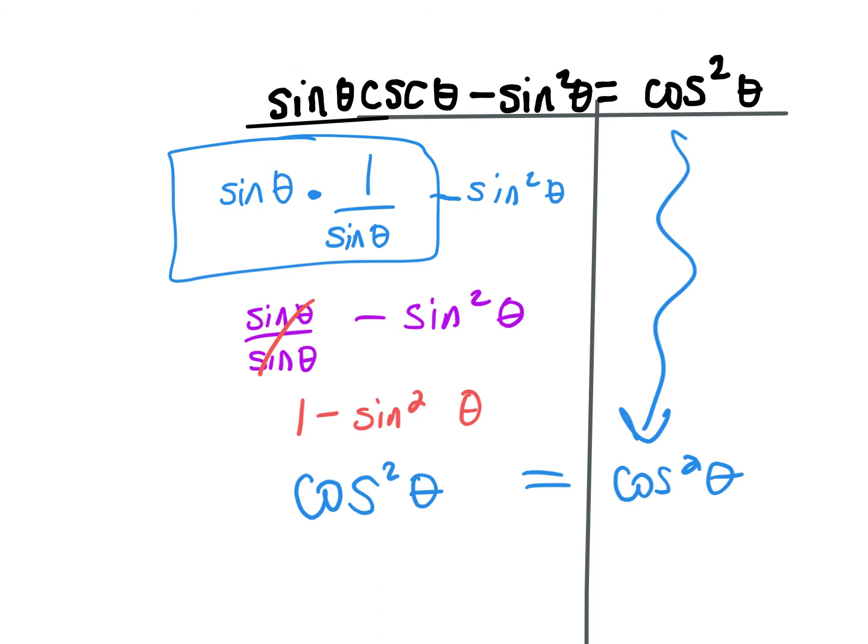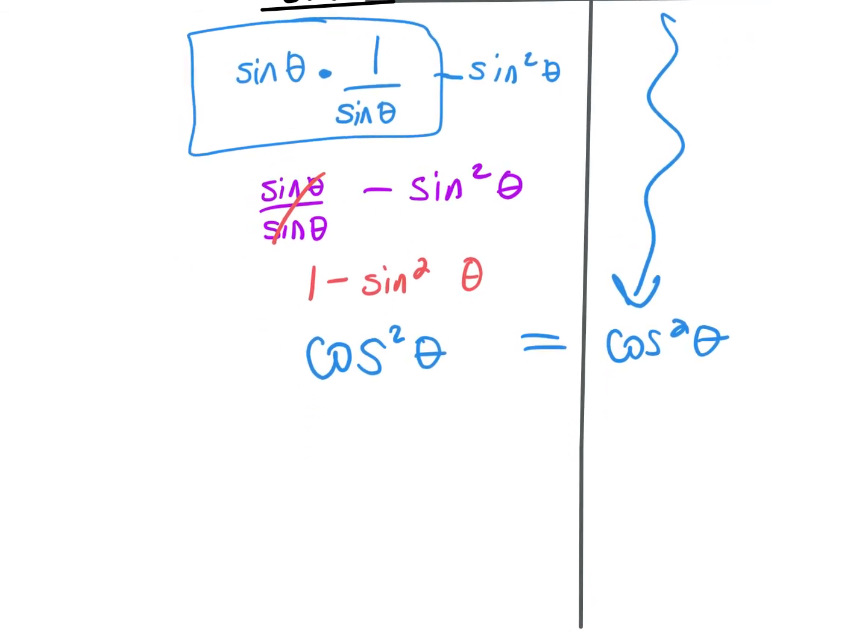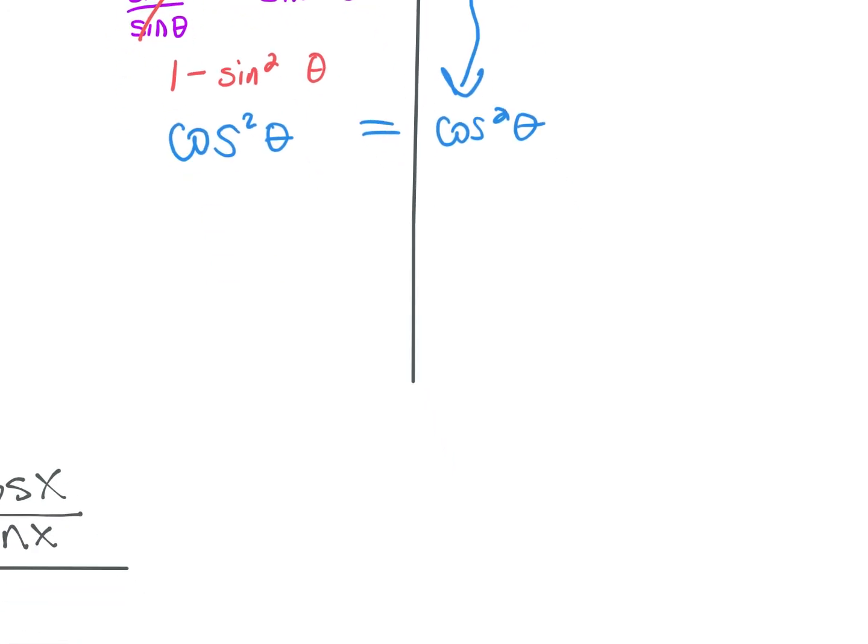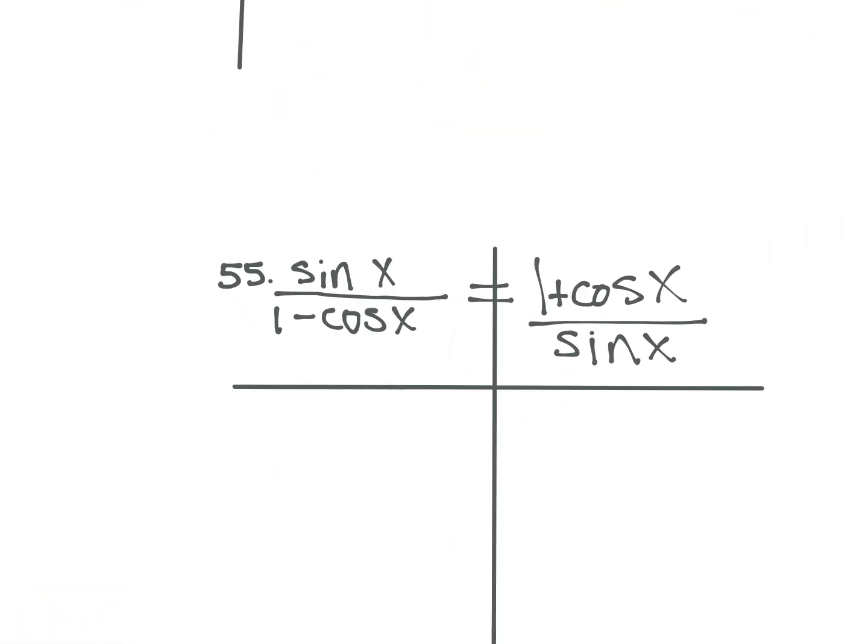All right, now the last one I already did with you guys, and it's already on the answer sheet, but I'm going to do it again just for those of us who missed it the first 2 times I did it. This one's a little more involved because we have fractions, and we have a denominator that has a plus or minus 1 in it, but it doesn't have anything squared, so I can't just say it's a Pythagorean identity.